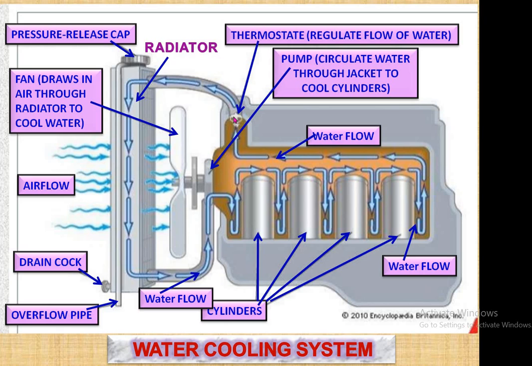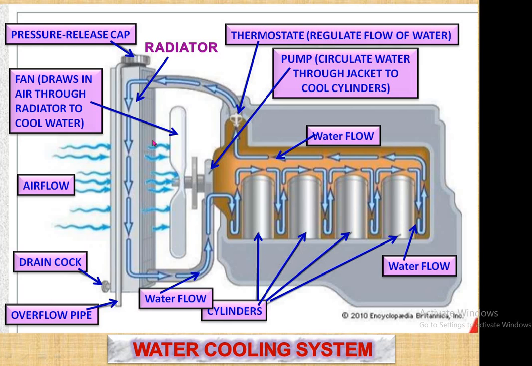This is the thermostat valve, which regulates the water flow. If the hot water gets above a certain set temperature, then this valve opens and allows water to pass for cooling in the radiator.